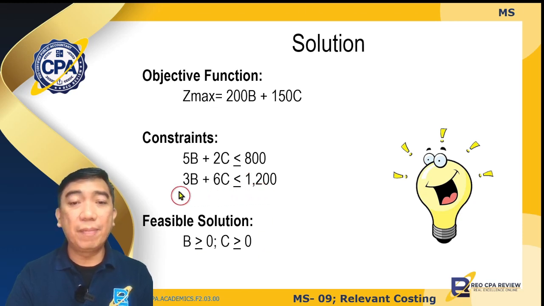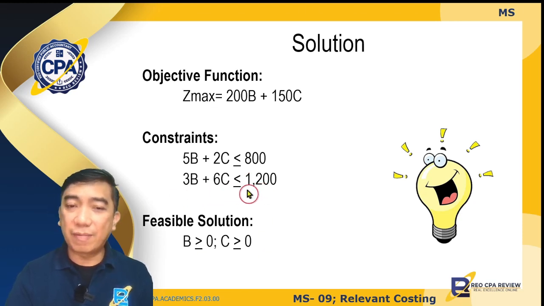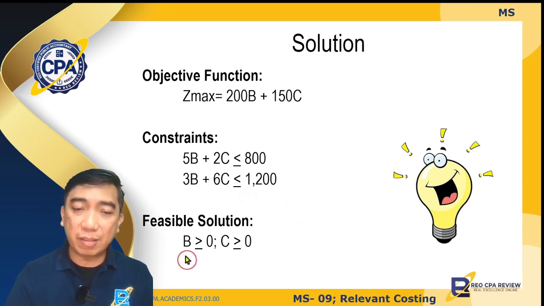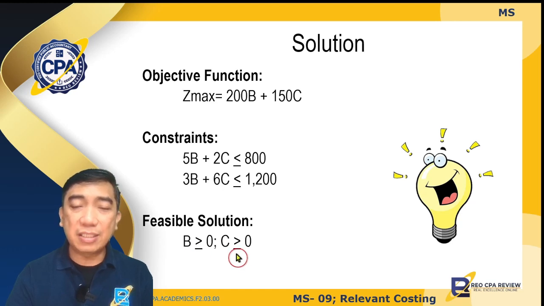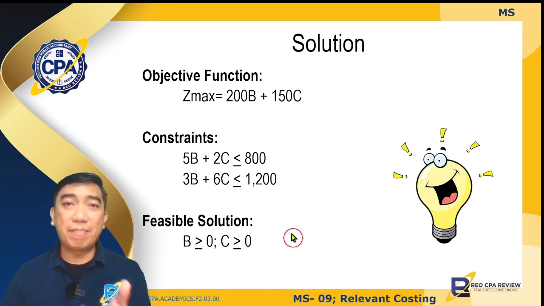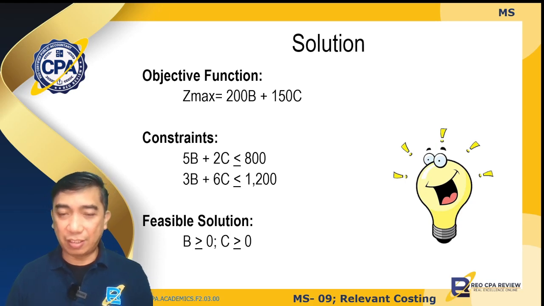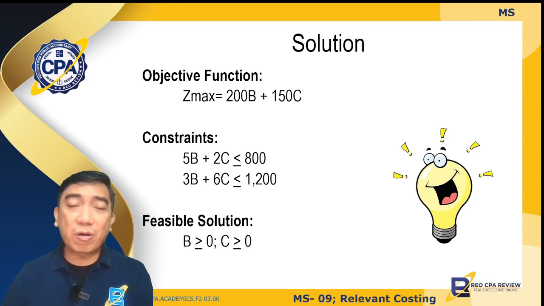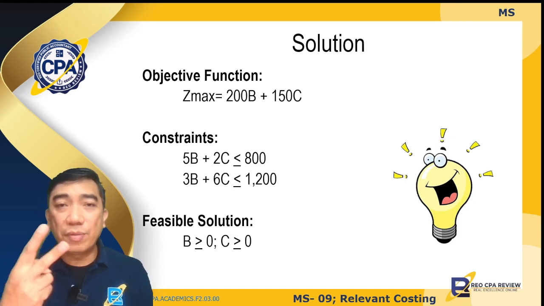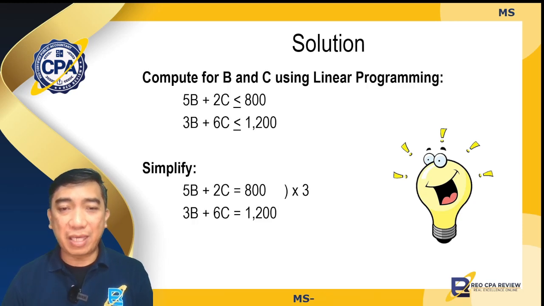That is 3b plus 6c is less than or equal to 1,200. What is your feasible solution? That is b is equal or greater than 0. c is equal or greater than 0. Kasi number of units to be produced. And then class, we will now compute for the value of b and c using linear programming. Linear programming is a mathematical tool intended to compute for two missing variables simultaneously.